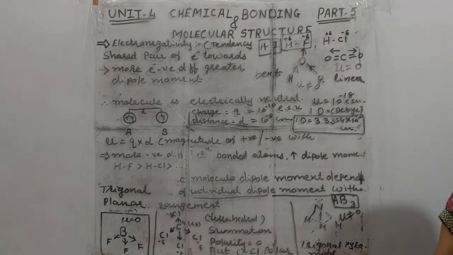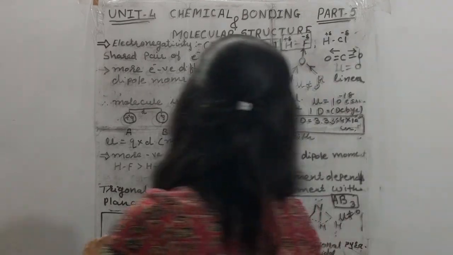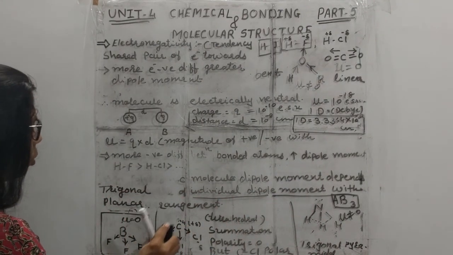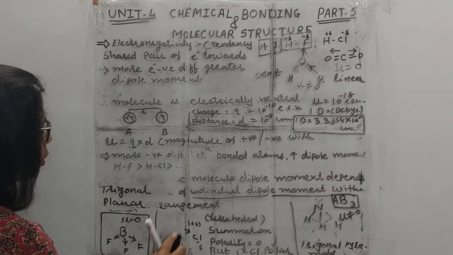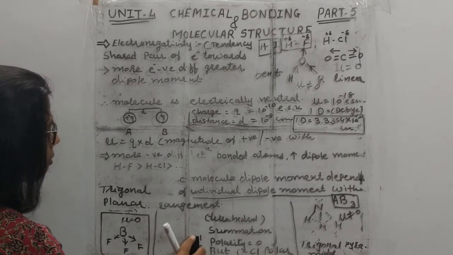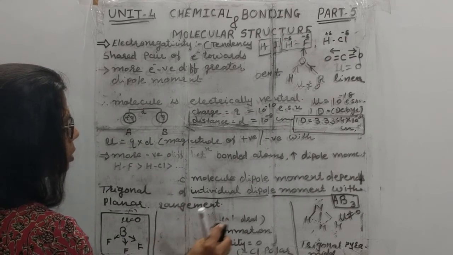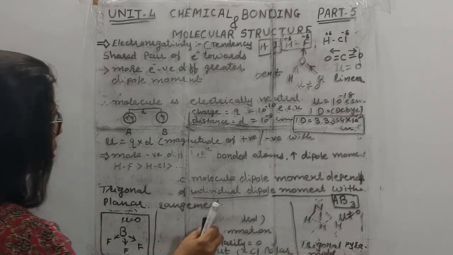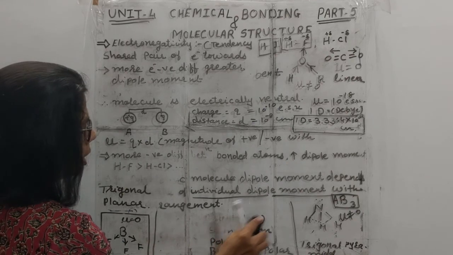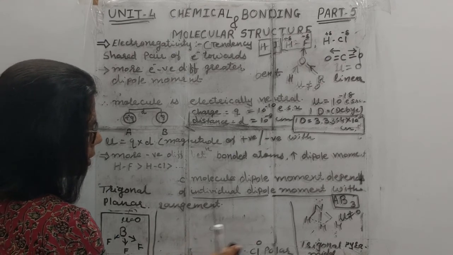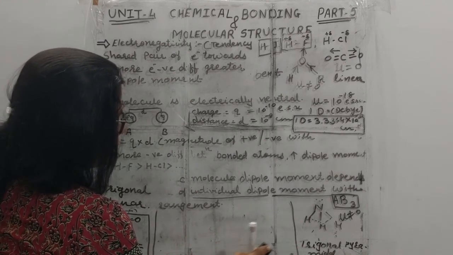Like we took the example of CCl4, instead of that, if we take the example of CCl3, chloroform, carbon tetrachloride, CCl4 and CCl3 means chloroform. So now we'll study about CCl3 and try to think what the dipole moment is in CCl3.